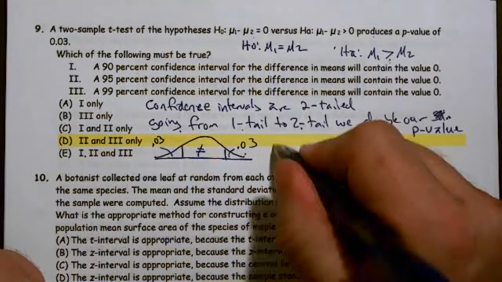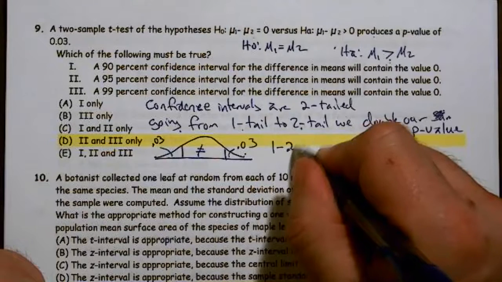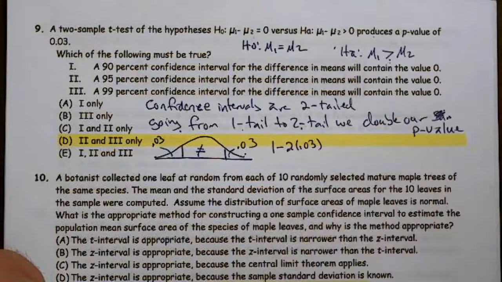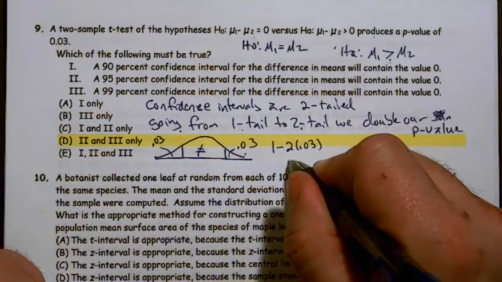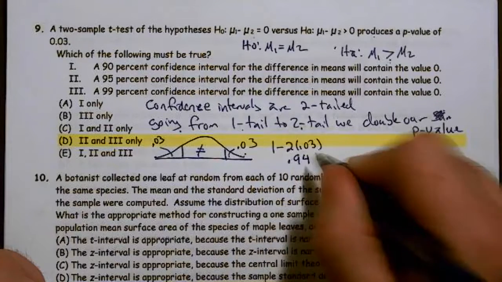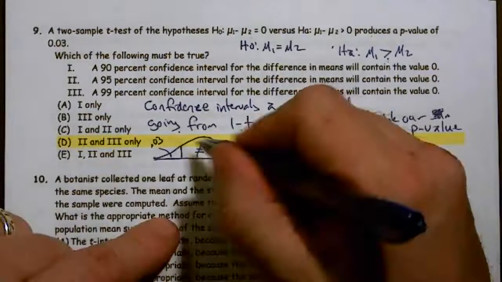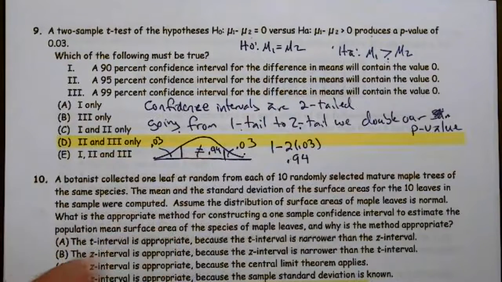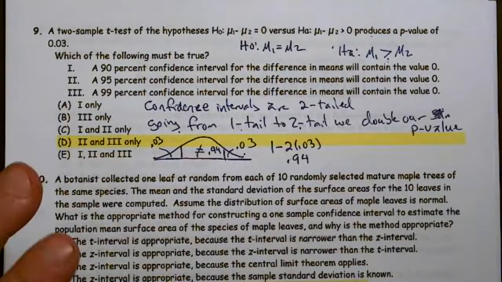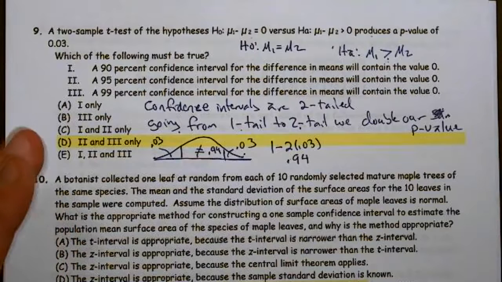So then I go 1 minus 2 times 0.03, and I end up with 0.94. So basically 94% lies within the interval.